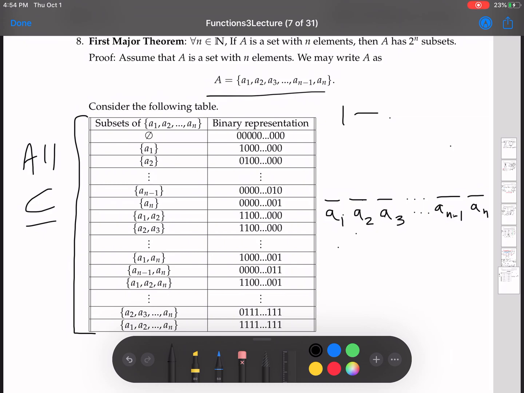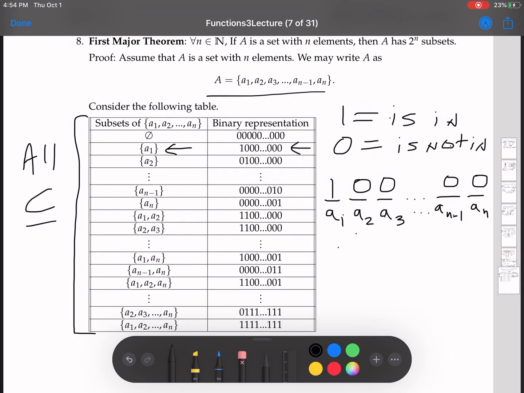And 1 stands for is in, and 0 stands for is not in the set. All right, and starting with this one, we see that A1 is in the set containing A1, and none of these other elements are in there. So that's how we get that code.